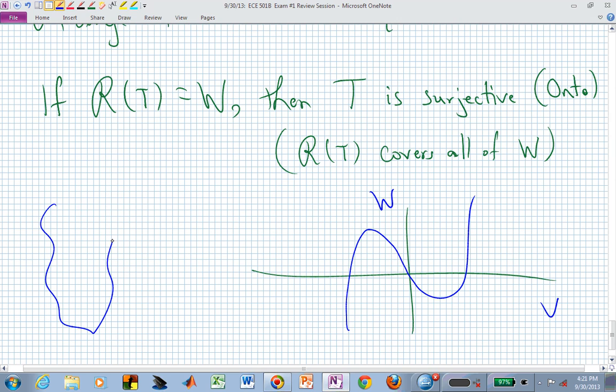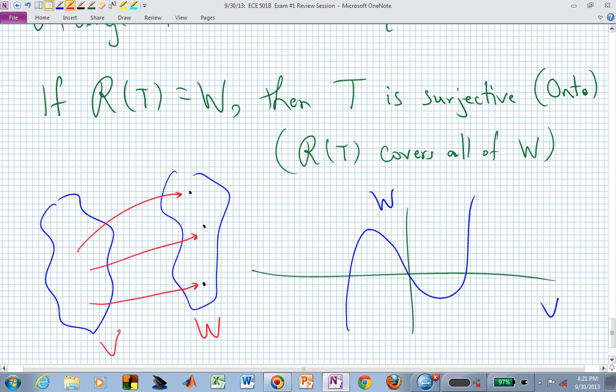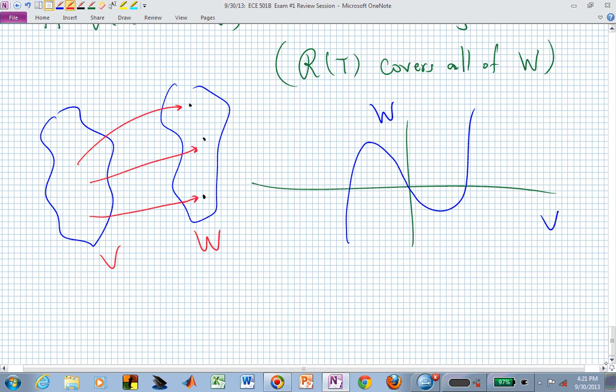And pictorially, you might see that every point in this output space W is mapped onto from points in the input space V.